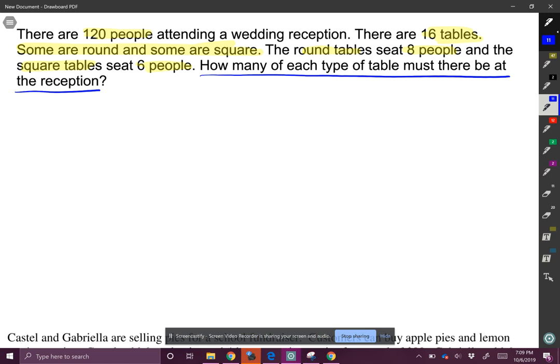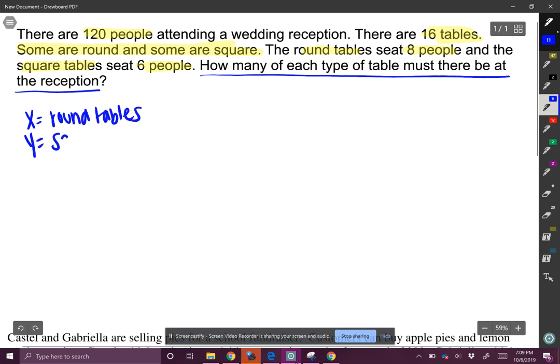The question usually gives away exactly what we're looking for. So if you look at your GoFormative, that's where I got the two variables from. We know that x is equal to round tables, and we decided that y is equal to square tables. And those are our two variables, and we wanted to find them so we can write a sentence later exactly what we found as a solution.